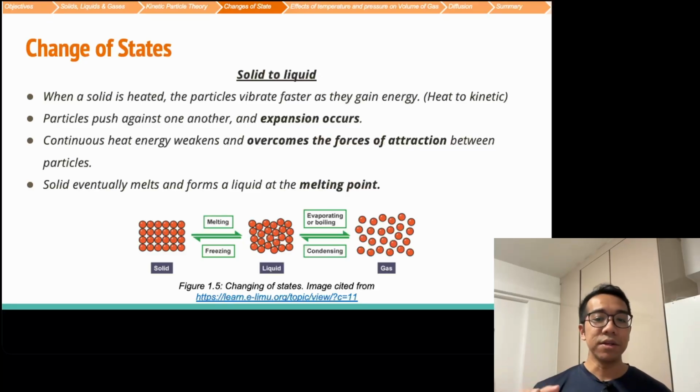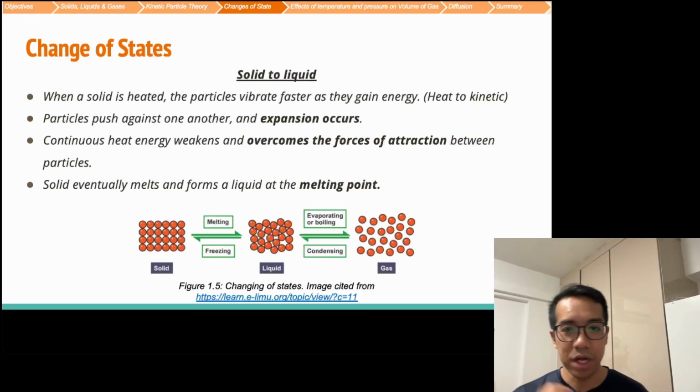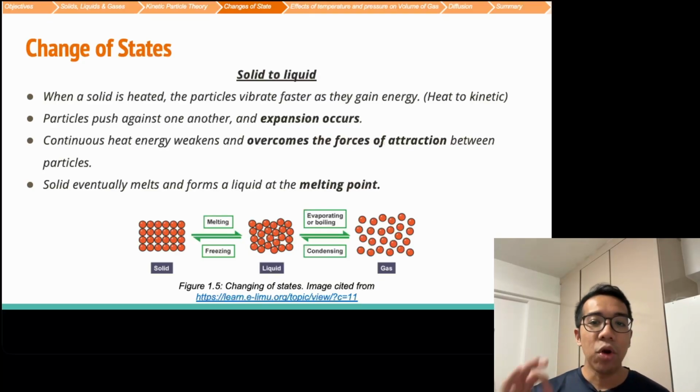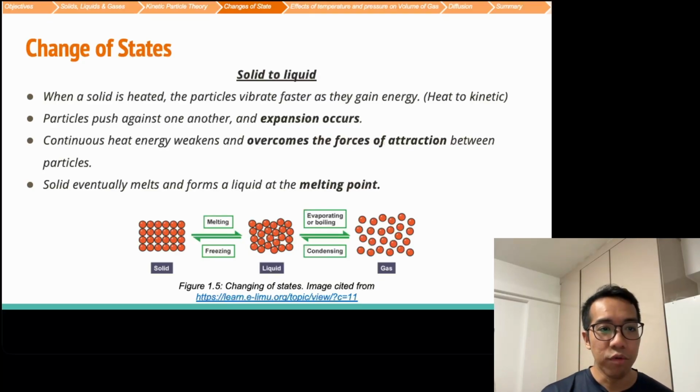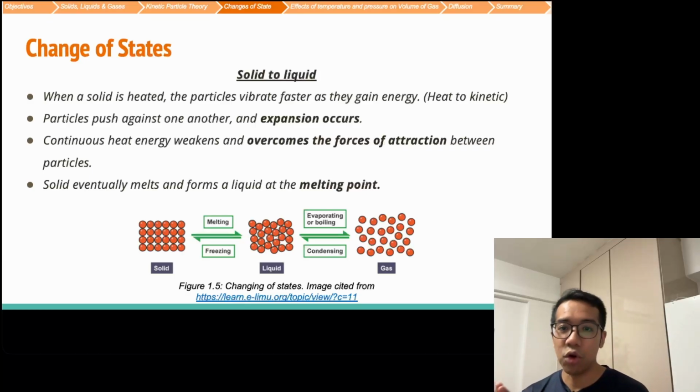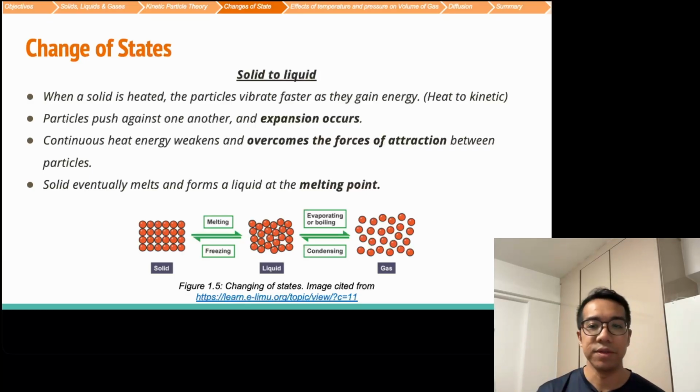So when particles go from solids to liquids, they are heated up, they vibrate faster and faster, and then the forces of attraction between the particles break, and they are able to slip and slide over one another, as you can see in the picture down below. The point at which the particles go from solid to liquid is called the melting point.